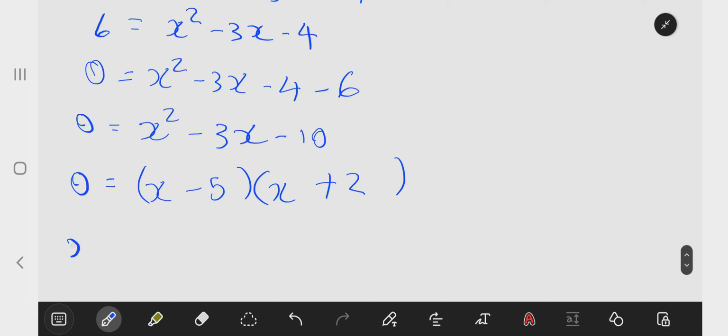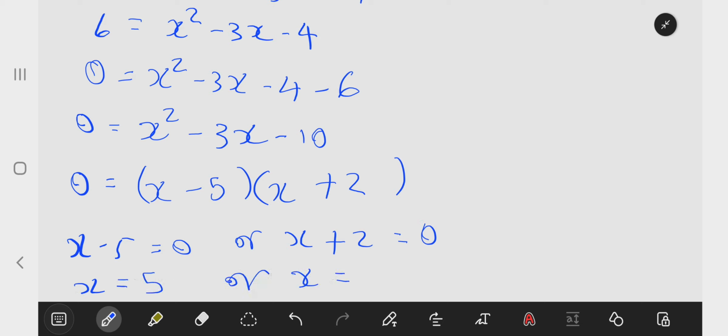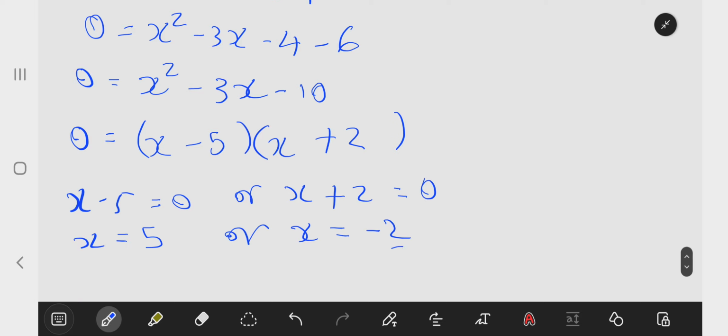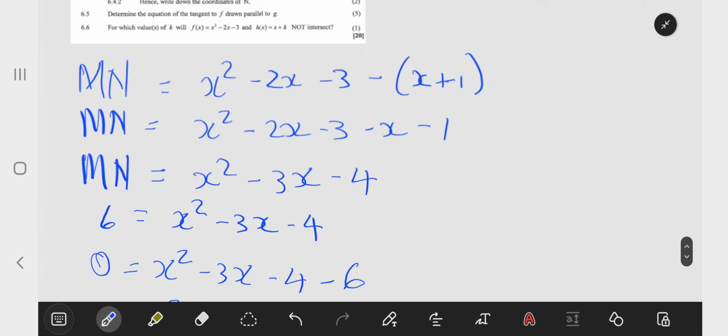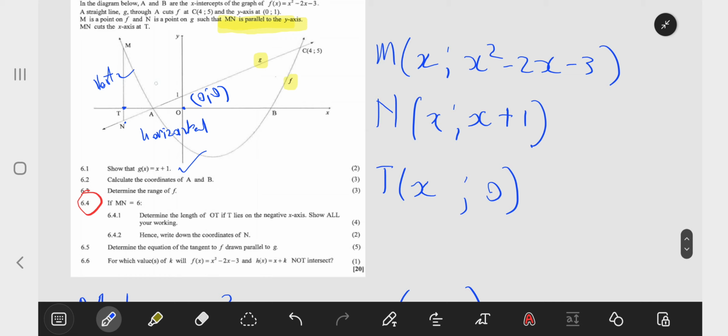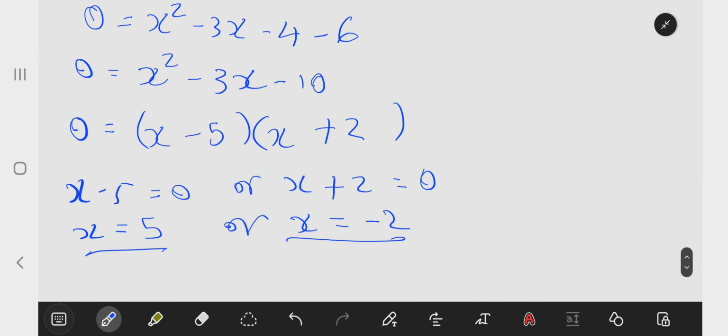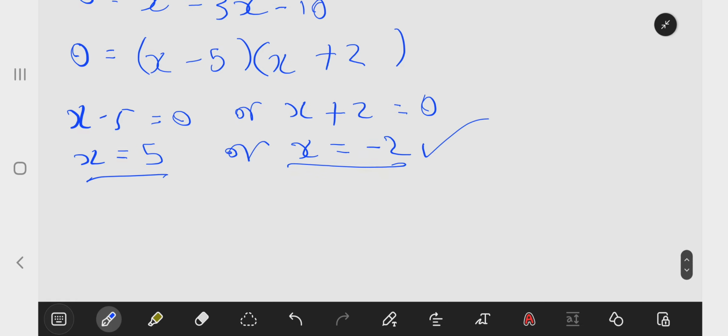Okay, so now solve for x, so x minus 5 is equal to 0, or x plus 2 is equal to 0, and x comes out as 5, or x comes out as negative 2, right? So we check which x we must use exactly, because there are two x values. Looking at our x, we see that it is on the left hand side of the y-axis, on the negative x-axis. It means our answer here will be the negative one. It means our answer here will be negative 2.